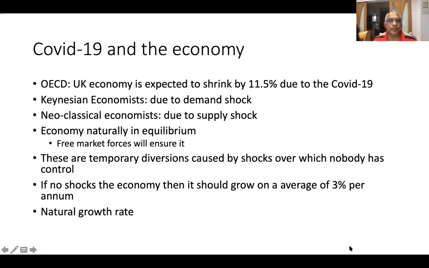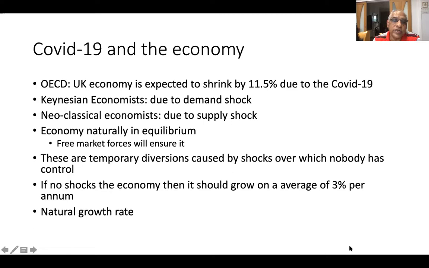due to COVID. Now, once it is all over, Keynesian economists are likely to say the economy shrank because of the demand shock. Neoclassical economists are likely to come and say it is because of the supply shock. Both these views assume that the economy is naturally in equilibrium and the free market forces will keep the economy in equilibrium.